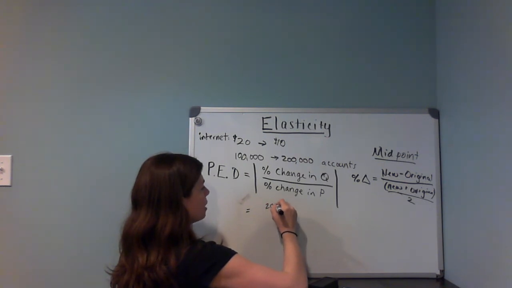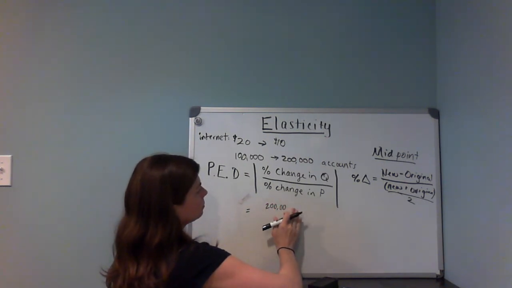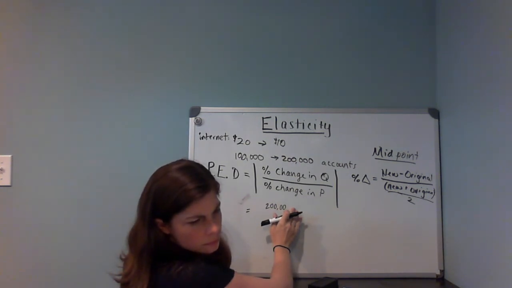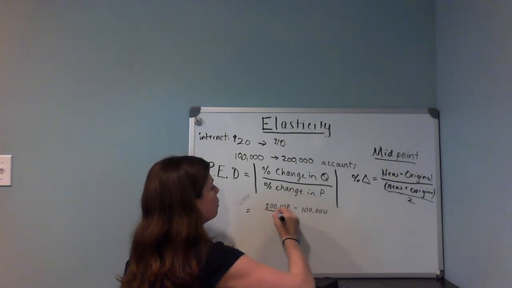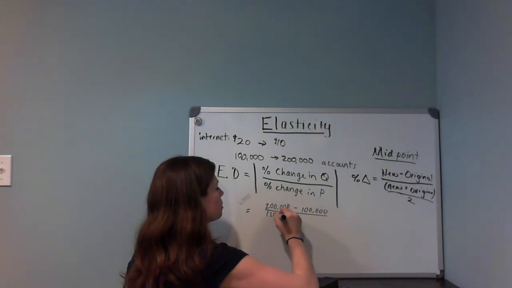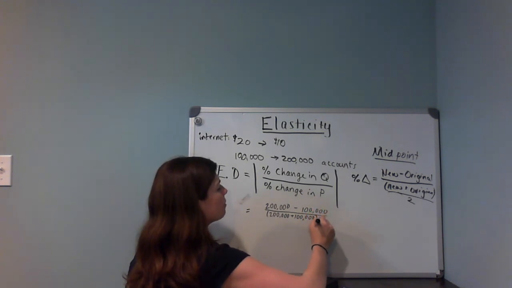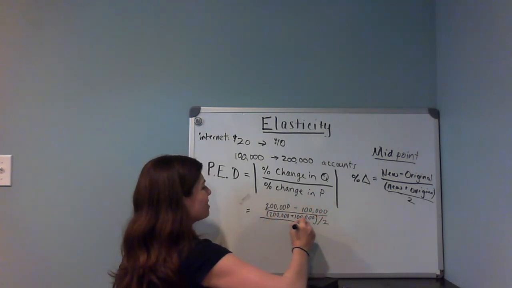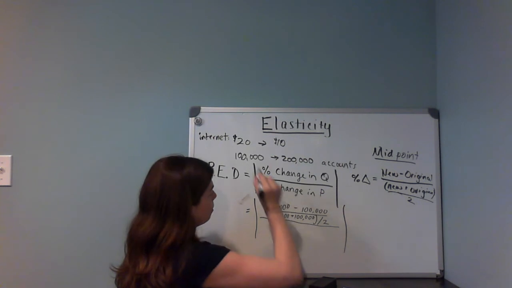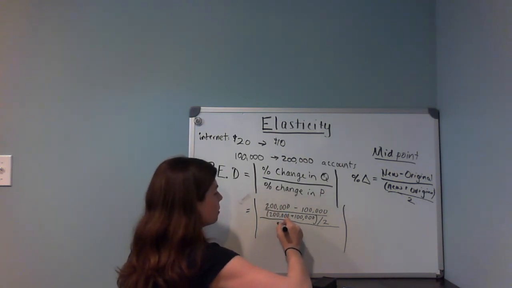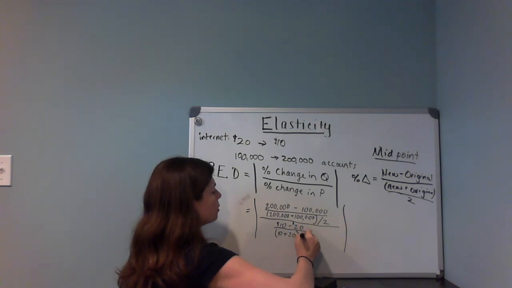So we're going to have 200,000, the new, sorry. 200,000, take away 100,000, all over, now again we're doing the midpoint, so we're going to add them up, plus 100,000 divided by 2, all that, there's our absolute value, all that, same thing on the bottom, but with the prices, so the new is 10, so 10 minus 20, all over 10 plus 20 divided by 2.